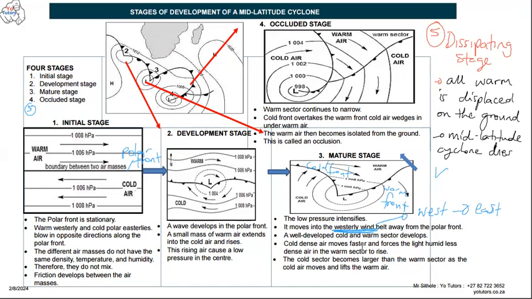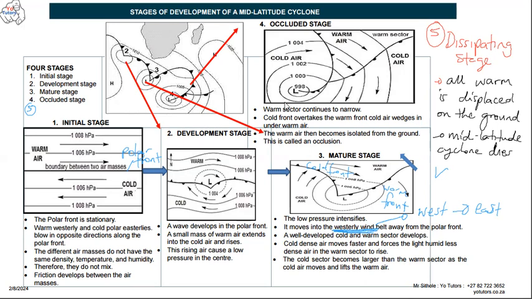Now, cold dense air moves faster and forces the light, humid, less dense air in the warm sector to rise. Remember what we spoke about in the beginning, cold air lifts warm air. Now the cold sector becomes larger than the warm sector as cold air moves and lifts the warm air. The whole point behind this is that cold air is lifting warm air. That's the goal here.